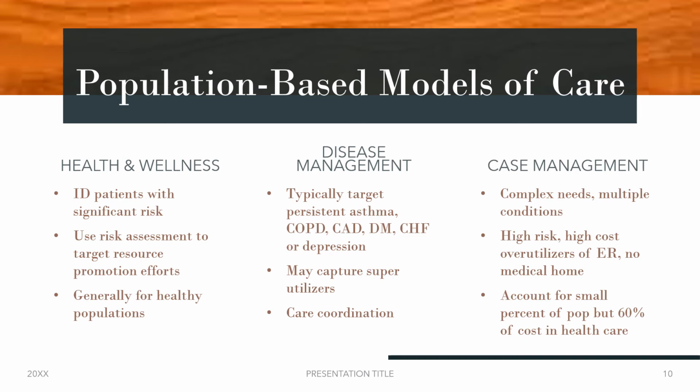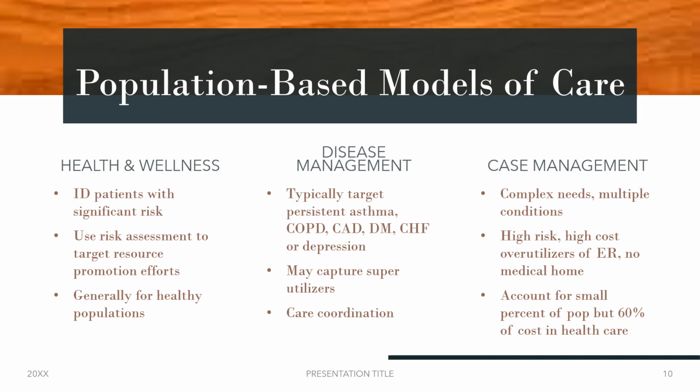And then finally, the case management model is really for folks with chronic conditions, but those that are high-cost overutilizers of the emergency room. No medical home, may be managed well on one aspect of their multiple illnesses, but not on the other illnesses, and therefore may be over-reliant on the ER for management of those other illnesses.